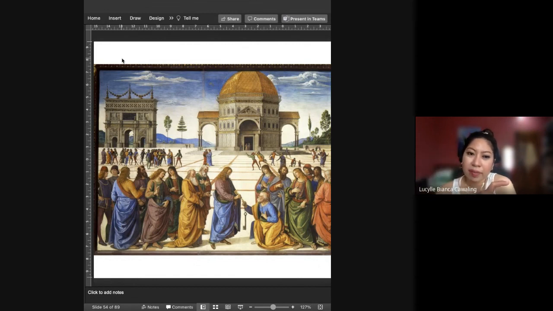Proportion is the relationship between the man and the bear, and the scale is, for example, the man is 3 inches in the painting and the bear is 4 inches in the painting. So that is the scale. Do you get it?